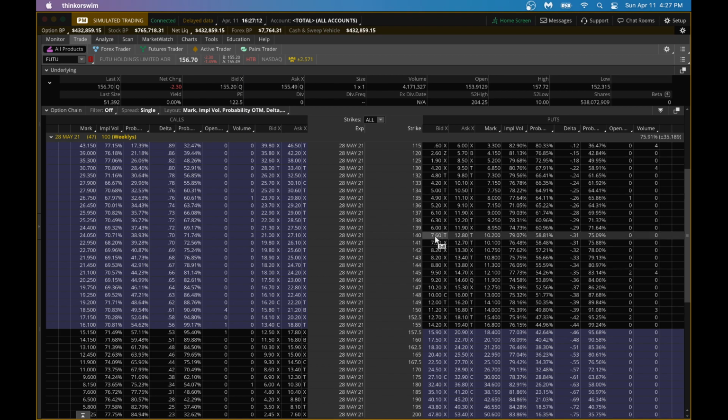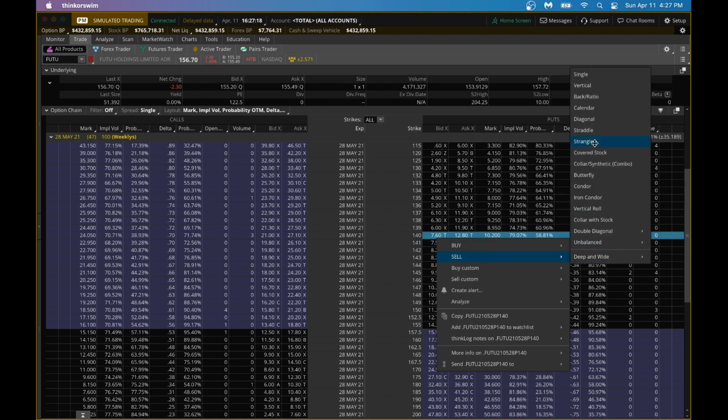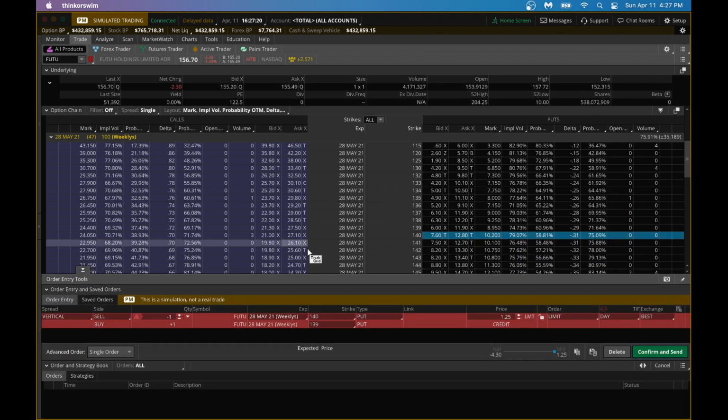So I could do a 30 and 20 spread. I could sell a 140, 130, something like this. There you go. So it's a $10 wide spread, and you're collecting $3.35 credit.